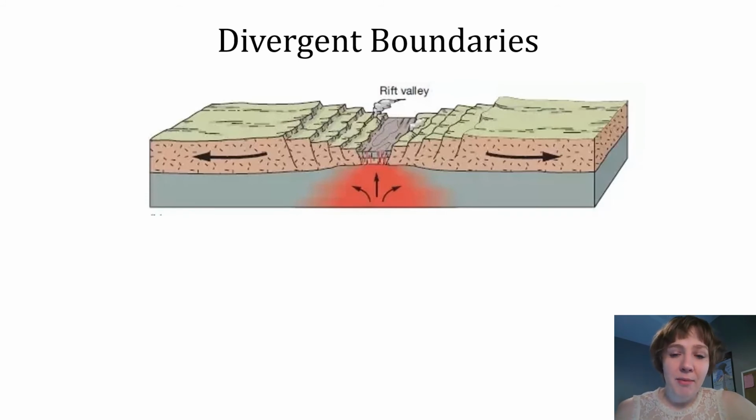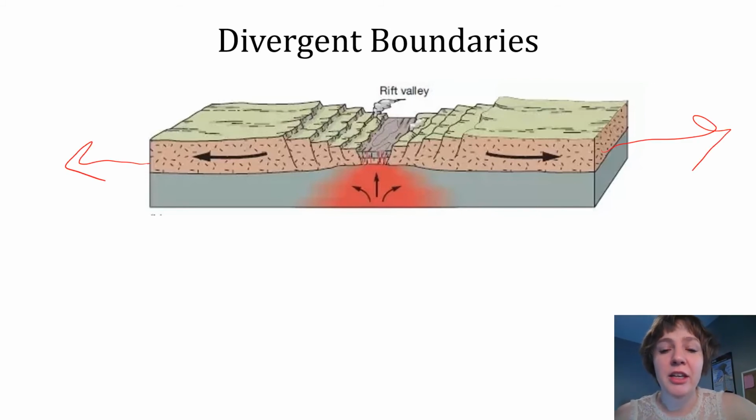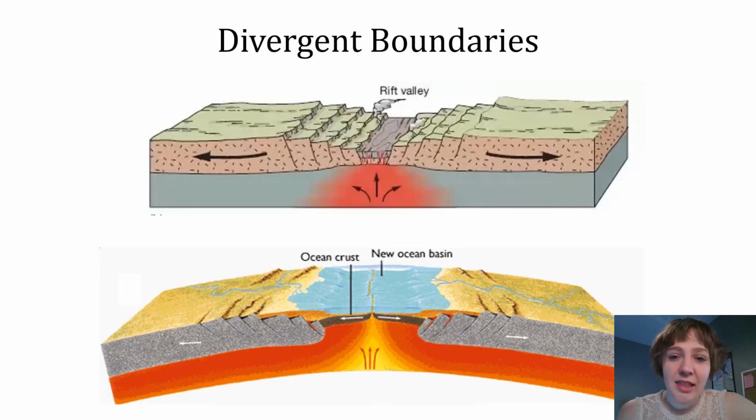What I want you to think about next is what would happen if this continental rifting here just continues indefinitely. Can you imagine it? Letting the two sides of these continents pull and pull and pull away from one another? The end stage of continental rifting thins that continental crust so much that eventually the continent splits into two.